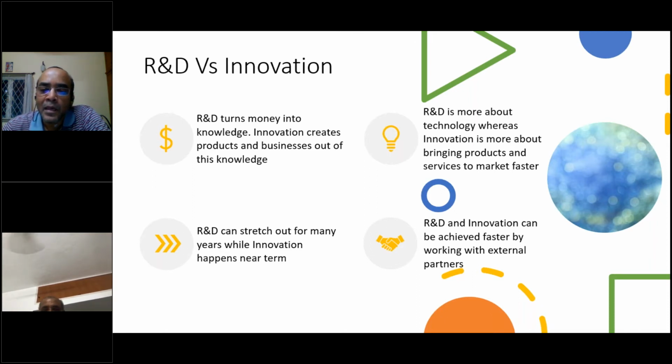And the most important fact here is R&D and innovation can be achieved faster. Today we have the industry always looking at innovation, and they want to get results faster. One way to achieve that is by having partnerships.